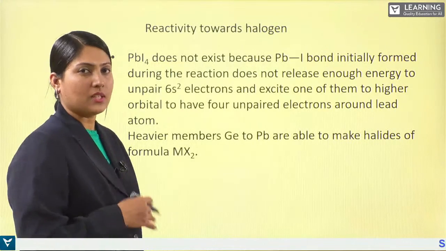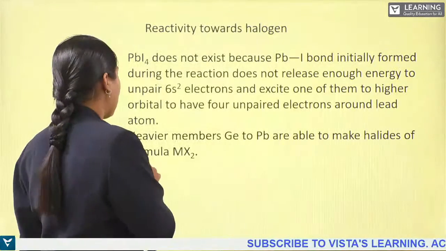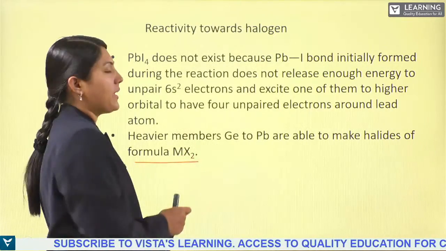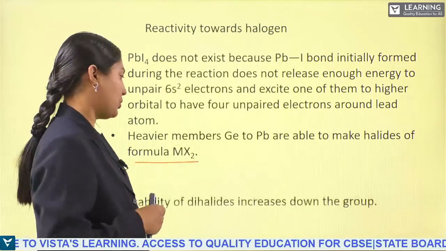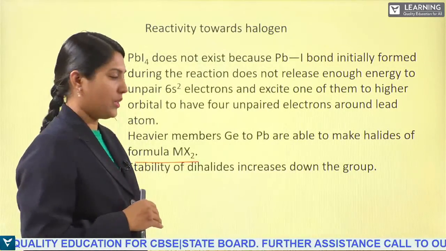Heavier members from germanium to lead are able to make halides with the formula MX2, which have an oxidation state of +2. Stability of dihalides increases down the group.